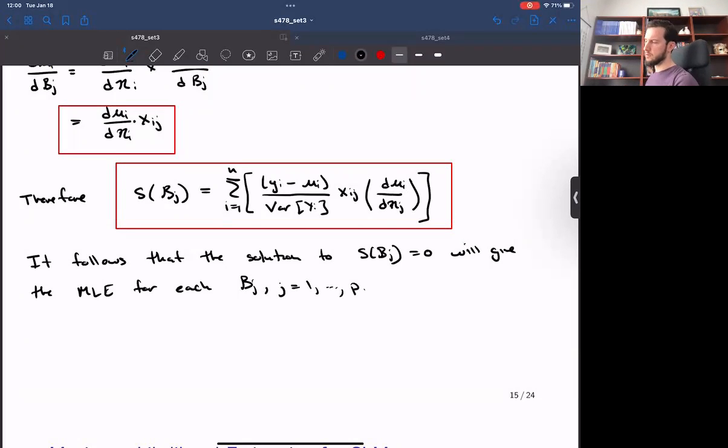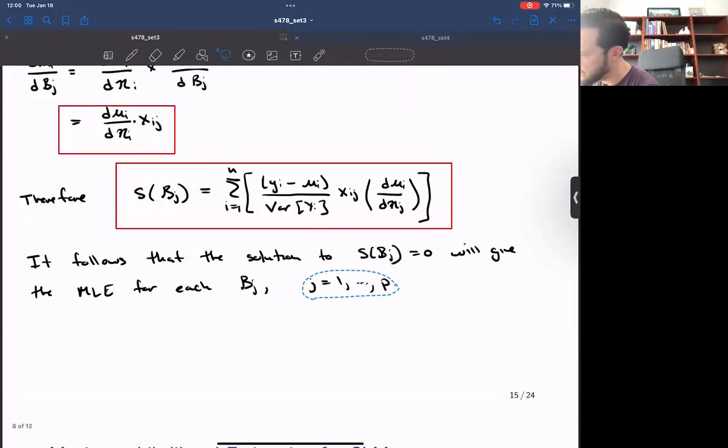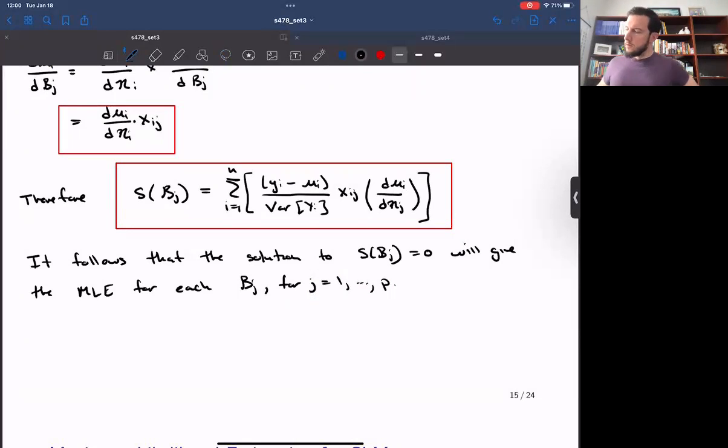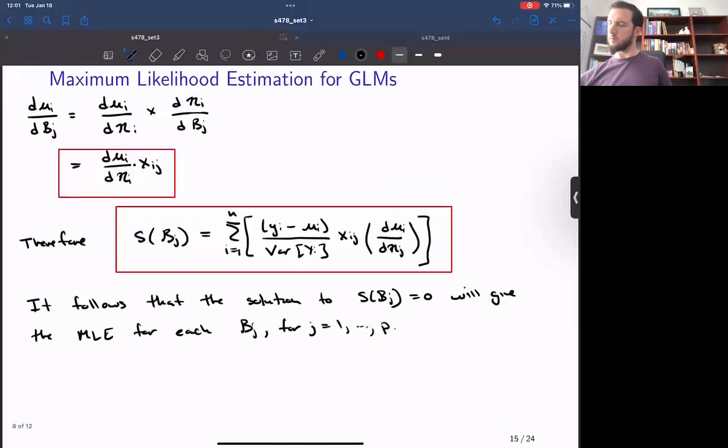So it follows that the solution of this will give the estimate for each beta j for j equals 1 to p. Any questions?